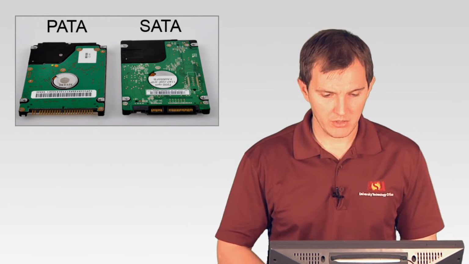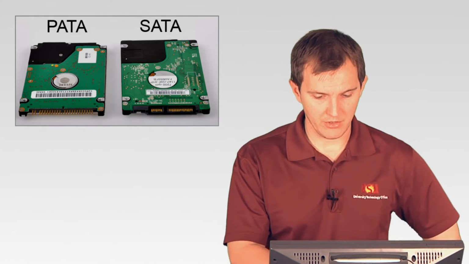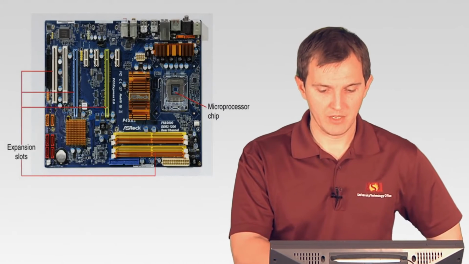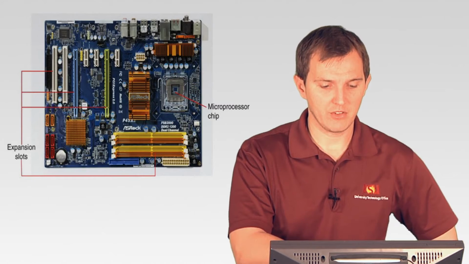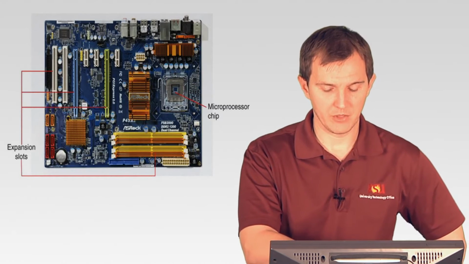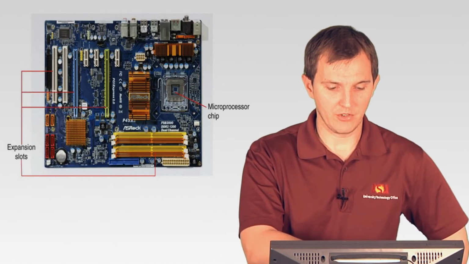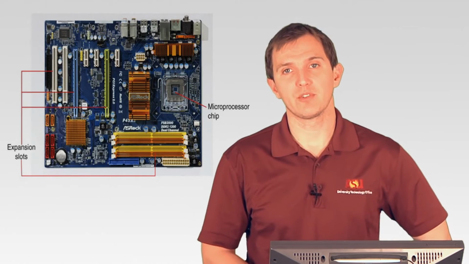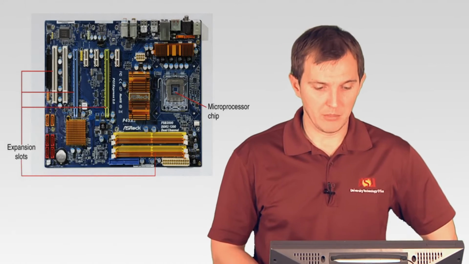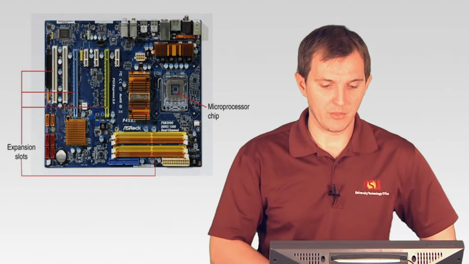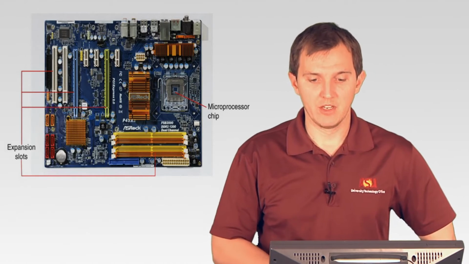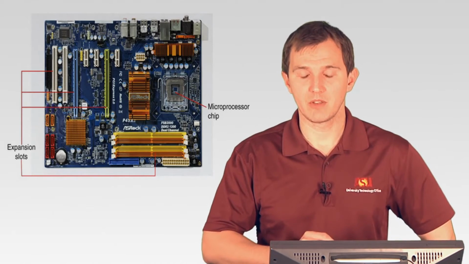If you look underneath the RAM slots, there's that little blue box, and on the left-hand side next to the PCI slots there's a black one also. Those are the older interfaces for hard drives and disk drives. But the little orange ones and red ones over here, those are SATA. So this is a much faster, much newer motherboard.